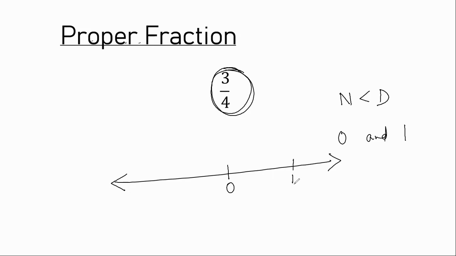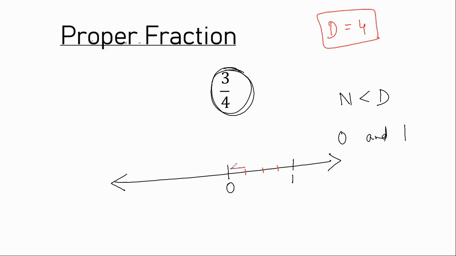So here is 0, and here I'm writing 1. Now I'm changing the color. What is the denominator here? The denominator is 4, so I have to divide the part between 0 and 1 into 4 equal parts. To divide it into 4 equal parts, I will draw 3 lines at proper equal distances.